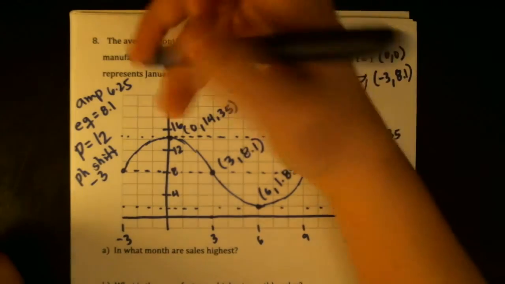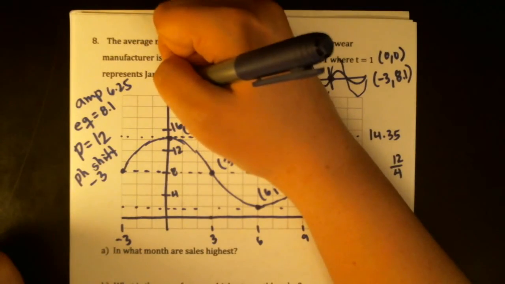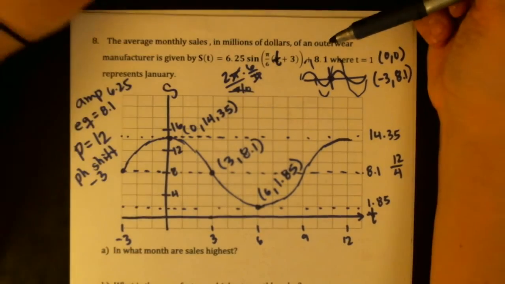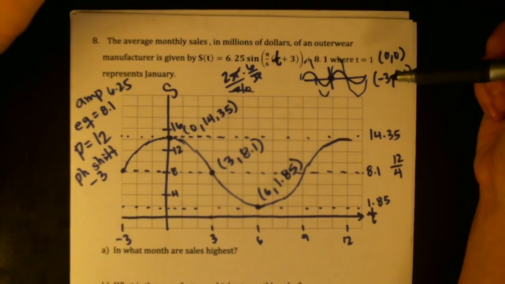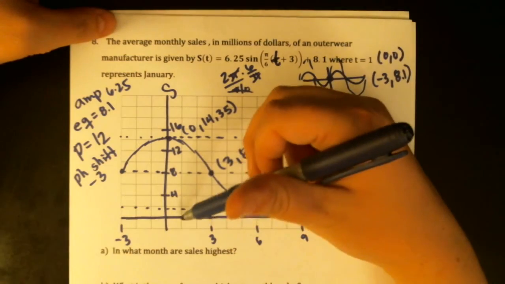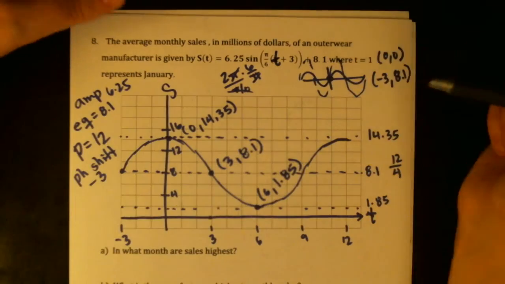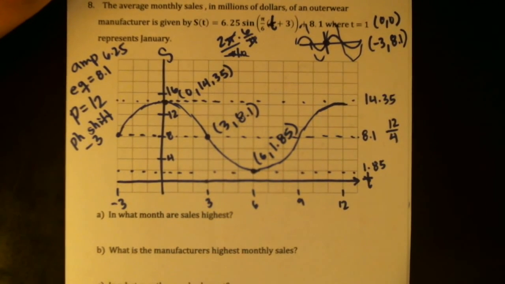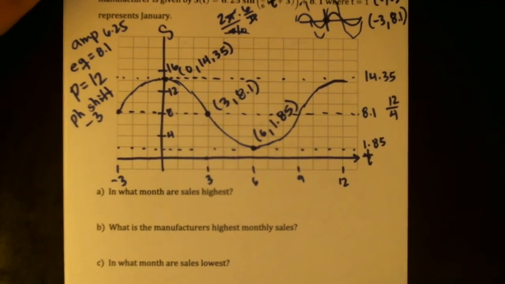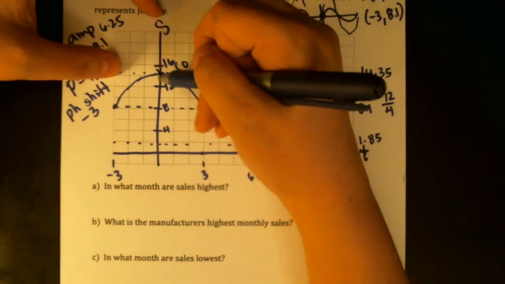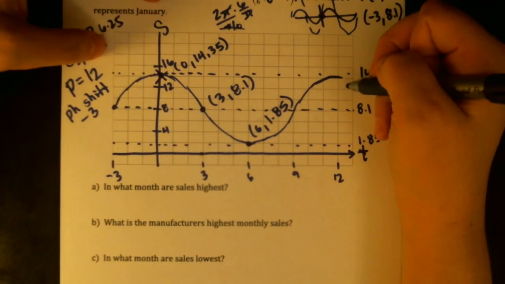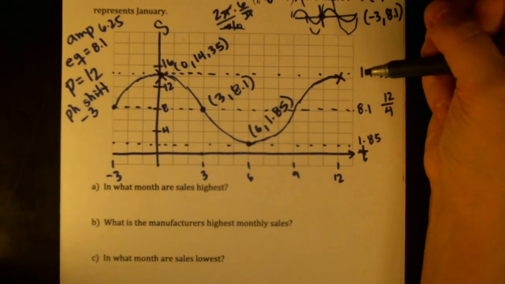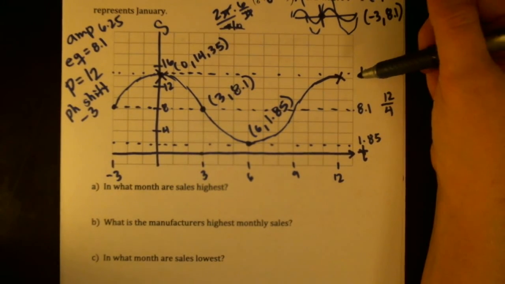Okay, so I don't even know if I've said the context here, but hopefully you've looked. This is supposed to be monthly sales in millions of dollars as a function of t, where t equals 1 represents January. So t is time in months. The first month, month 1, is January, month 2 is February. Okay, so first, in what month are sales highest? Looking at my picture right here and right here, at month 0 or 12, which is going to be December.